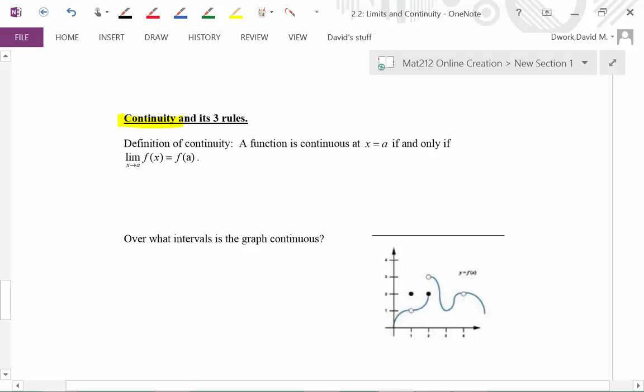All right, so definition of continuity. Now, the formal definition says a function is continuous at x equals some value if and only if the limit of that function is equal to the function at that value.